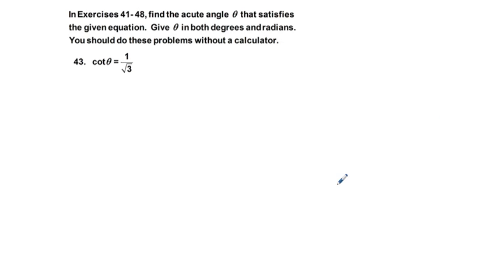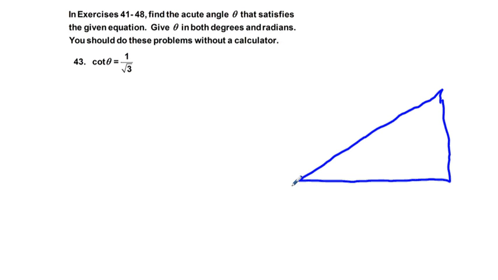And we're not sure at this point which one it is. It could be a 30-60-90 like this. I'm drawing a 30-60-90, it's not too accurate. Or it can be a 30-60-90 drawn in this kind of orientation, where this is the 60. So it can be in either orientation.